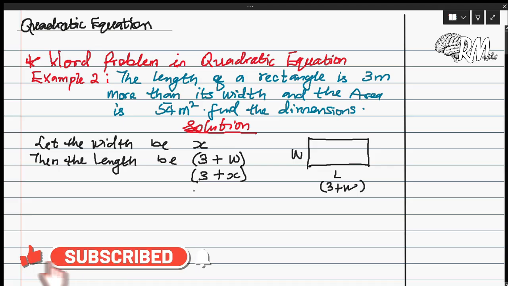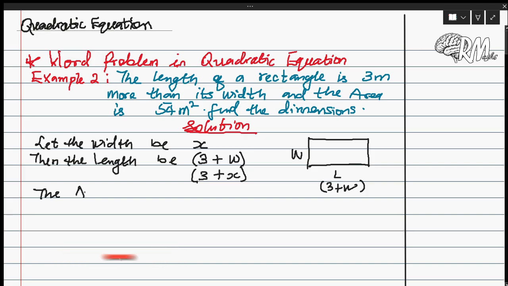Then the question says the area is 54 meter square. Remember the formula for the area of a rectangle is length times breadth, or length times width.